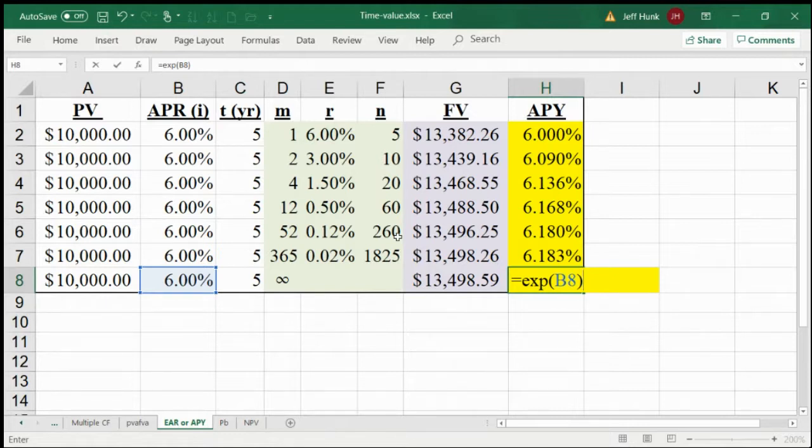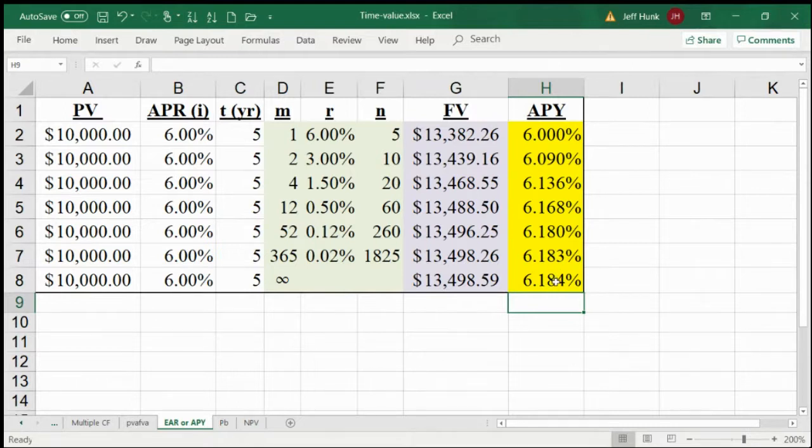Then the exponential function raised to r minus 1. Hit enter. You see why continuous compounding is still better than anything else.